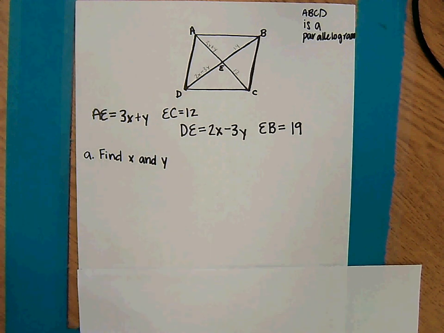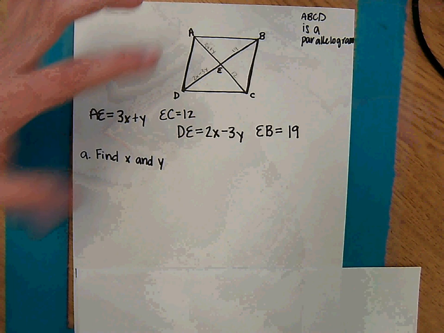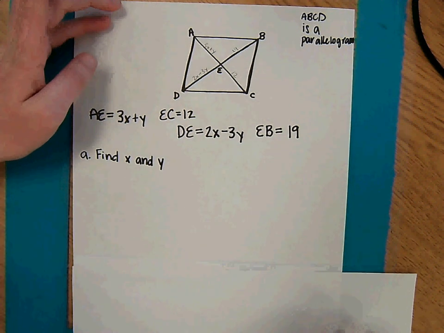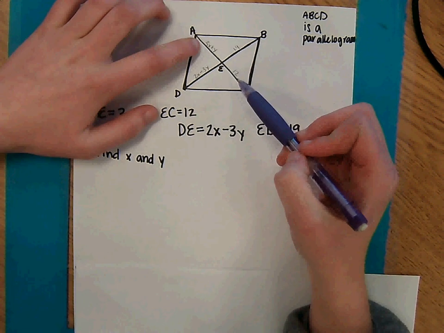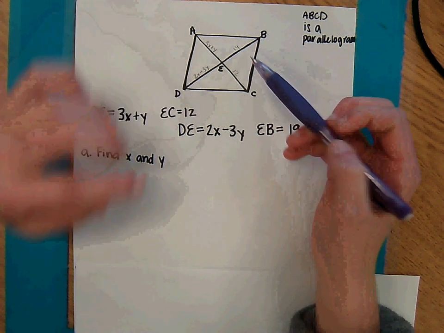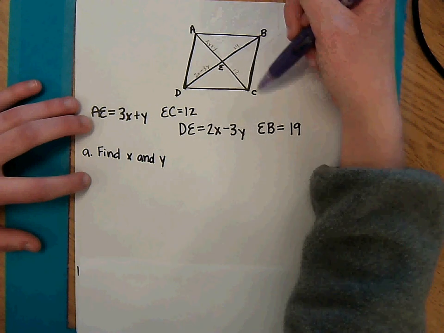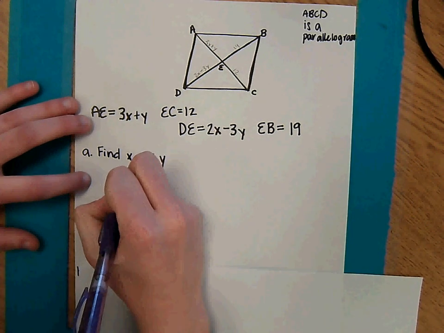Alright? Well, the diagonals bisect each other, which splits them in half, so each of these parts of the diagonal are equal to each other. So we'll do AC first, that whole diagonal. So you have AE is equal to EC.